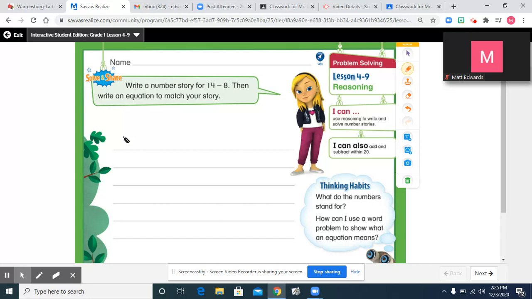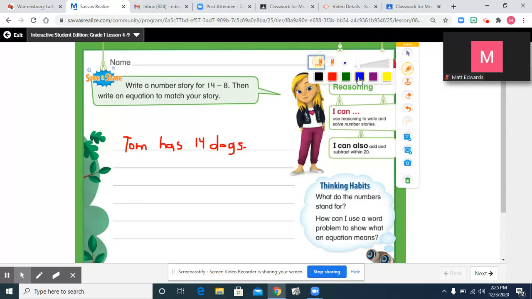So I'm going to start with Tom as 14. And what's an animal that we could say? How about dogs? He has 14 dogs. Make sure when you are writing too that you use complete sentences and correct punctuation marks. So I have to put a period at the end of my first sentence. Okay, now it says minus 8.